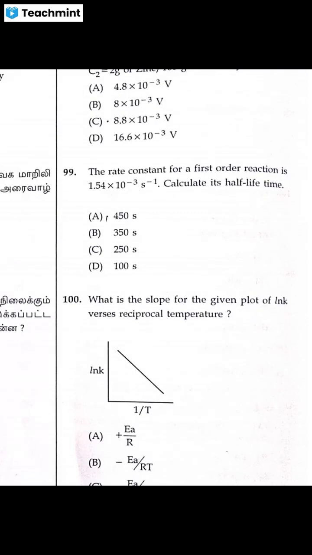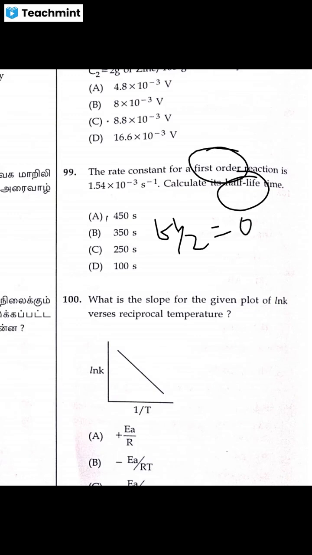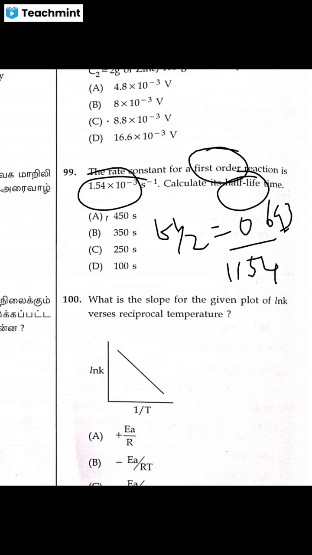Next, there is a first order equation, and it is asking to calculate the half life period. Direct formula, t half. Here there is space, so I will substitute. t half is equal to 0.693 divided by k. They have given the value of k, which is 1.54 into 10 power minus 3 per second.